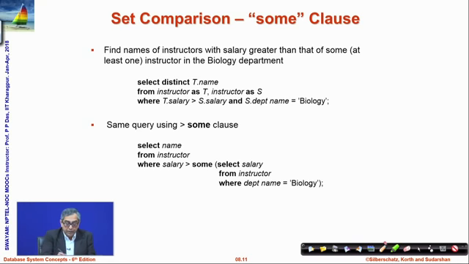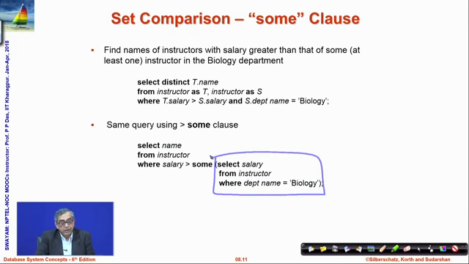This is the salary of instructors in the biology department, and we are doing greater than some. That means the salary being checked must find at least one record here such that it is greater than that salary value. So, greater than some is a nice way to find existential records using the nested subquery.